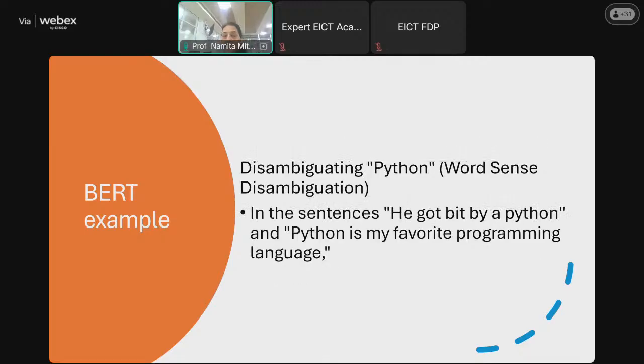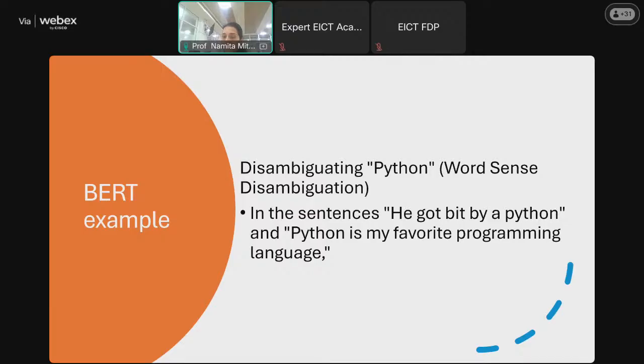Another example of BERT is disambiguation. If there is an ambiguity, we need to overcome it, we need to remove the ambiguity. That is known as disambiguation. So take the word Python. In the sentence, he got bit by a python, and Python is my favorite programming language.